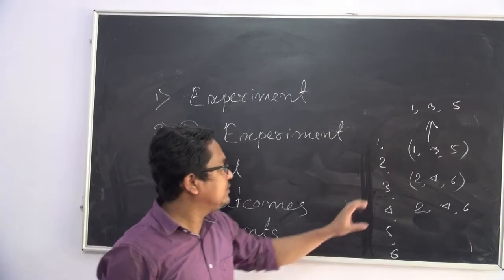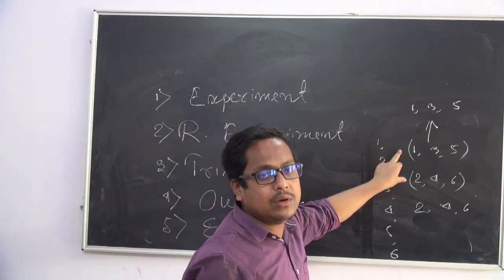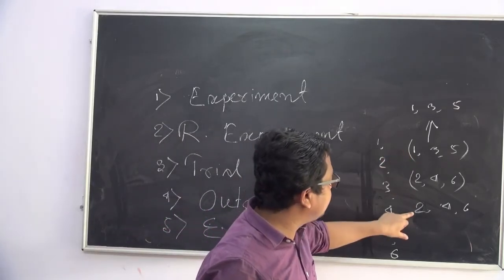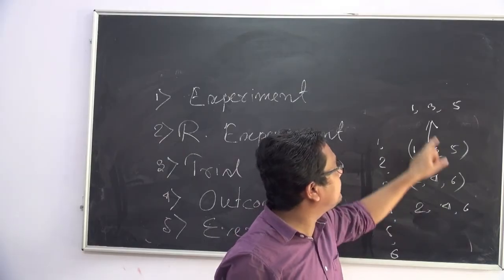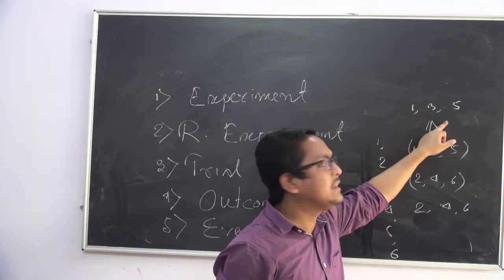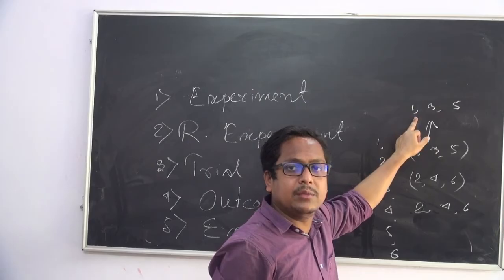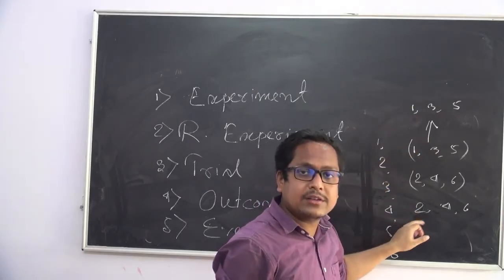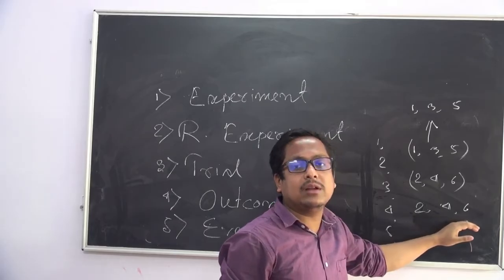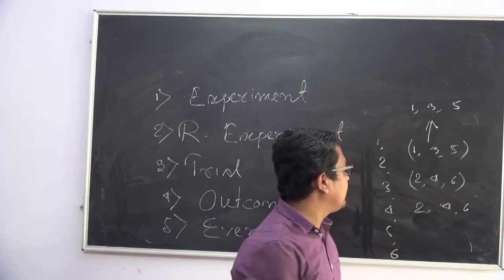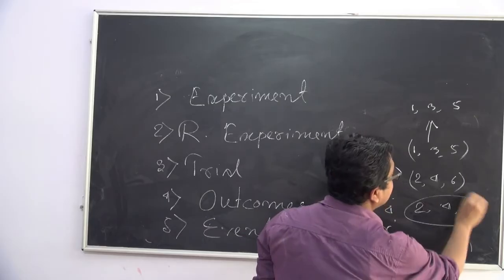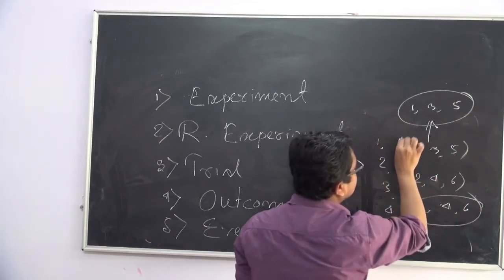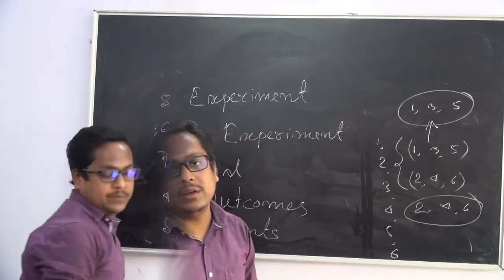So this is known as a compound event. But 2, 4, 6 and 1, 3, 5 are also events. These are known as elementary events, because we cannot further split the event into simpler events.